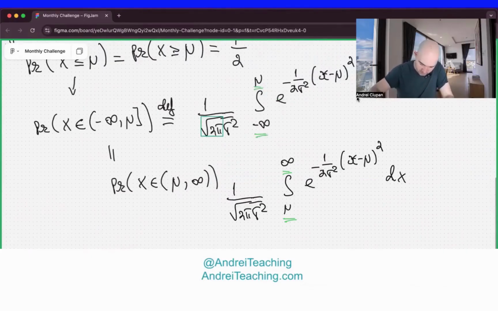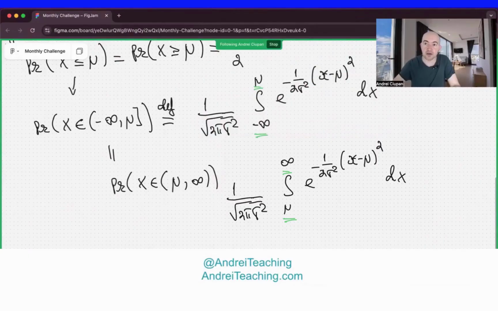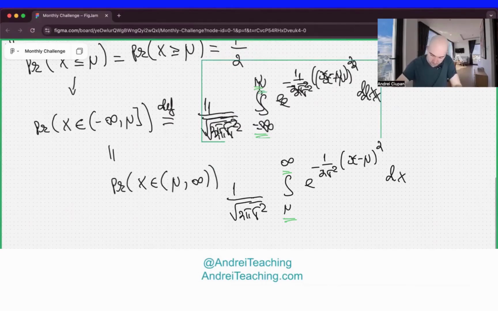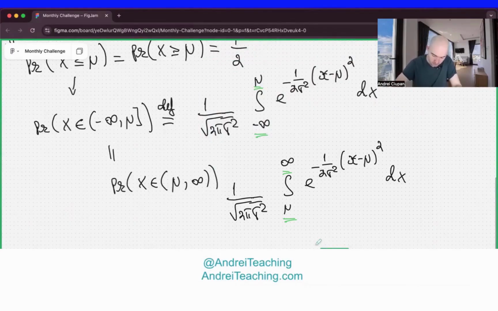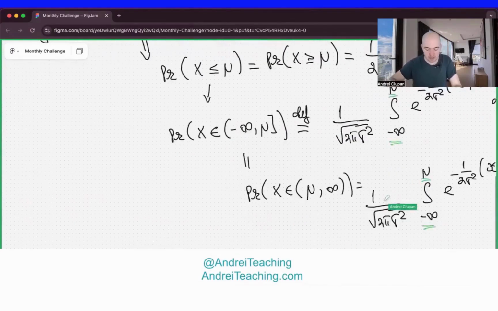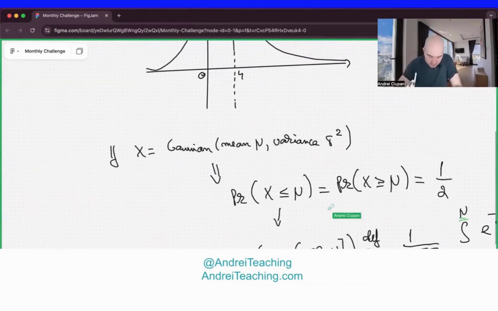So let me actually just copy this and move them here. Maybe I can make my camera a bit smaller now. Maybe that's better. And put it here. Okay, good. So long story short, the Gaussian is symmetric around the mean.